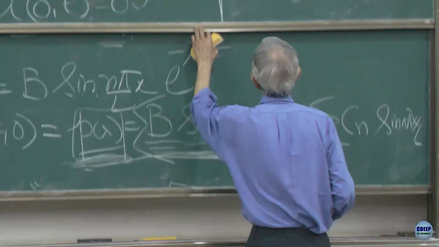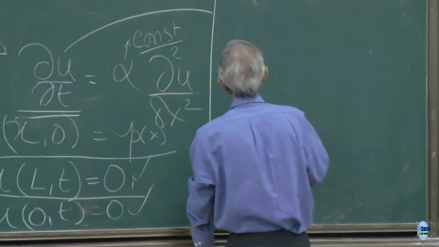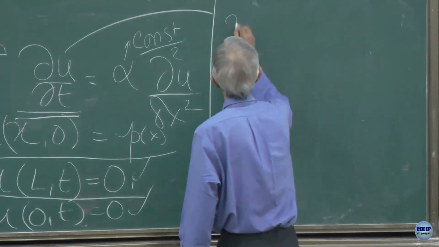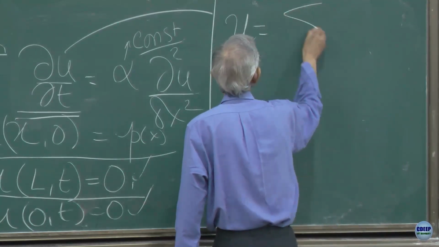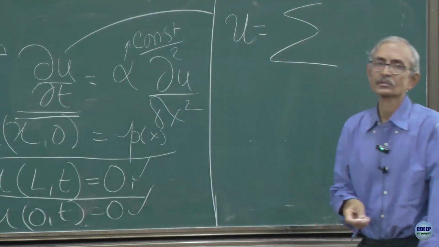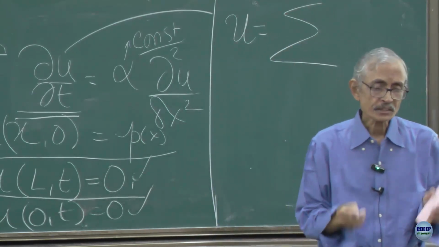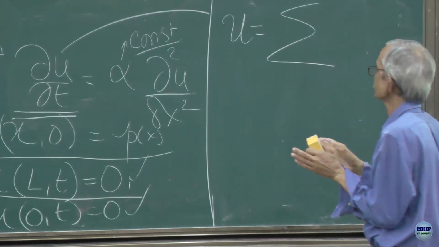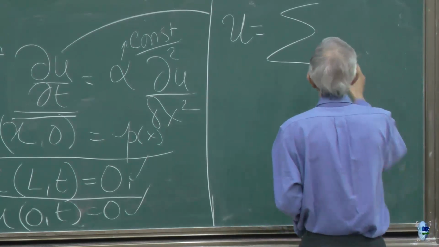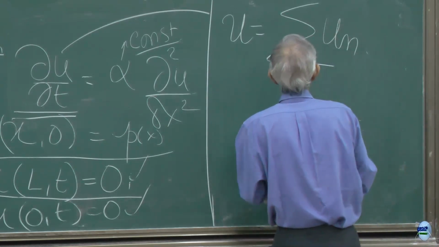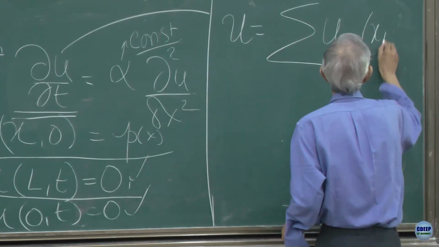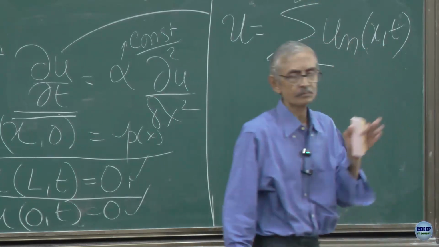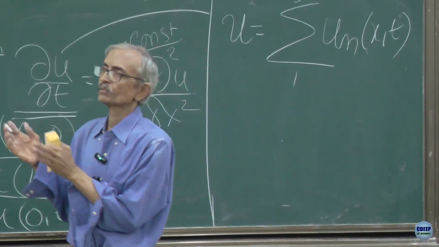And we therefore say that I'm going to now hypothesize that my solution U is going to be a summation solution. Just by saying that U is going to be equal to X(x) T(t) did not seem to work. Fine, no problem. What we say is that U is going to be a summation of a large number of terms which is going to go from 1 to infinity.